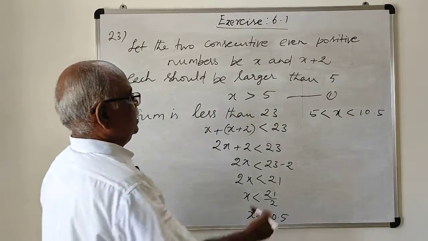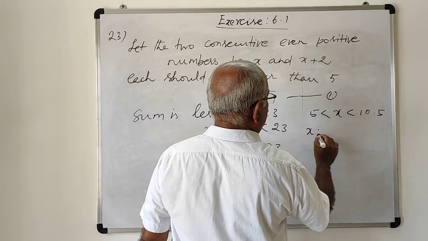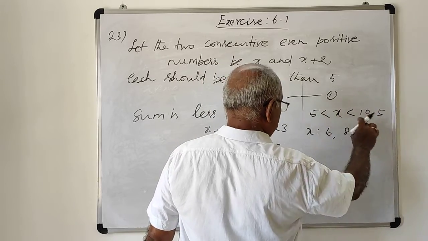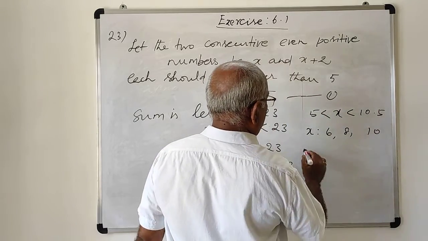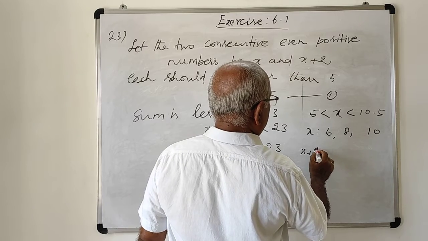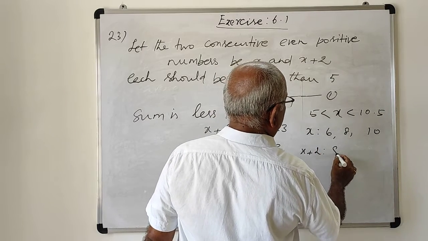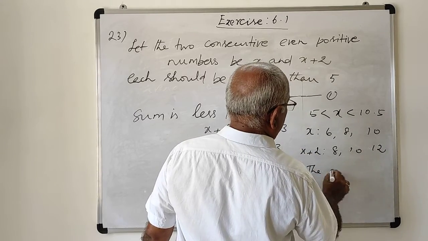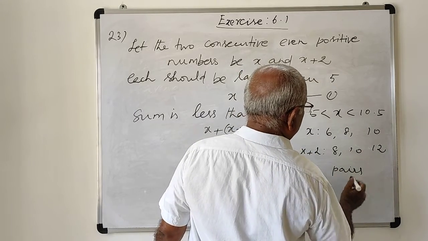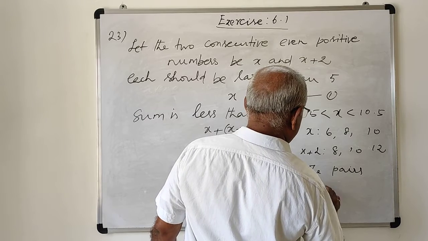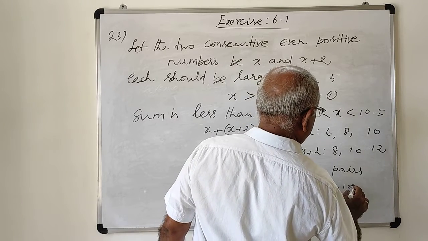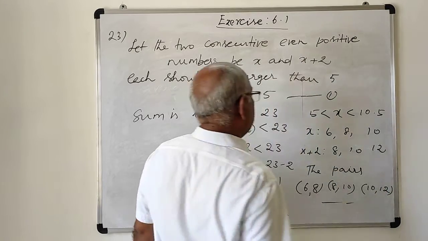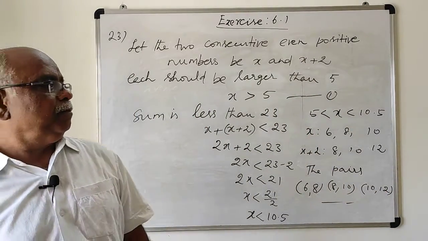Since even positive numbers, the next even positive numbers are 6 and 8, and it should be less than 10.5, which means you should include 10 also. So x plus 2 is 8, 10, 12. The pairs are 6, 8, 8, 10 and 10, 12. That's all for this problem.